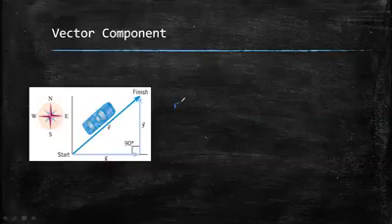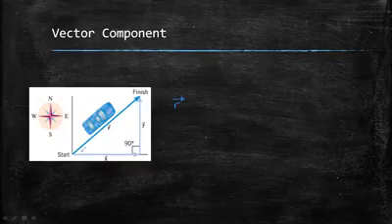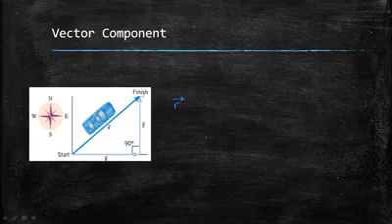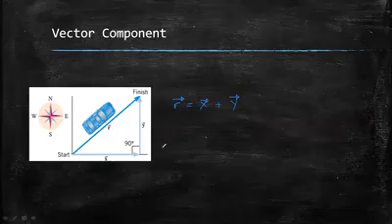That is, vector r, which is the displacement from starting to finish, is equal to vector x plus vector y. These two components indicate how the finish point is displaced relative to the starting point.